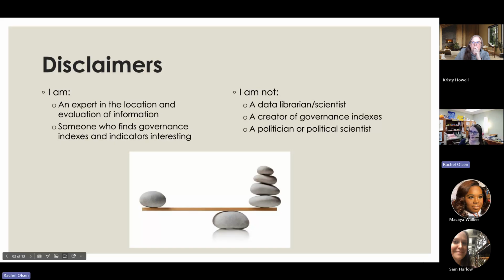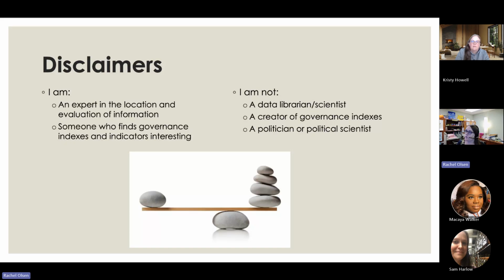So a couple disclaimers. I am an expert in the location and evaluation of information. I'm a librarian. I am also someone who finds governance indexes and indicators interesting. You'll hear me use the terms index, indicator, indices, kind of interchangeably. I am not a data librarian or data scientist. I am also not a political scientist or a politician.